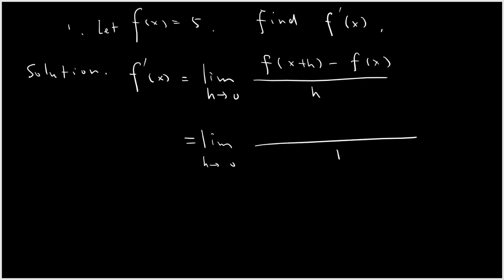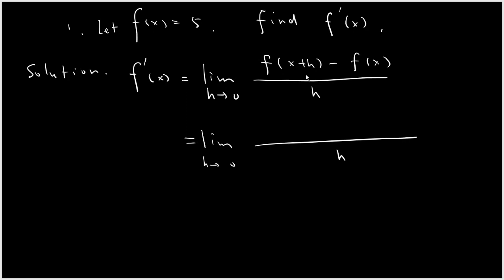It's a constant function, which means the value of the function at any number is equal to 5. Anybody want to tell me the value of the function at x plus h? Now look at the mouse cursor, please.